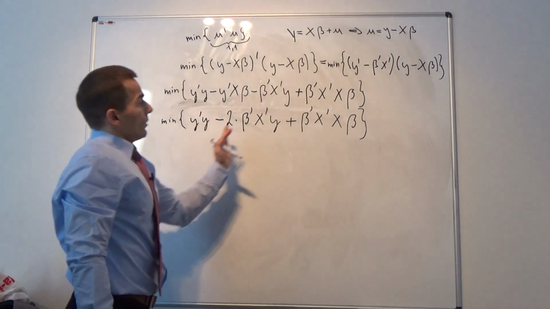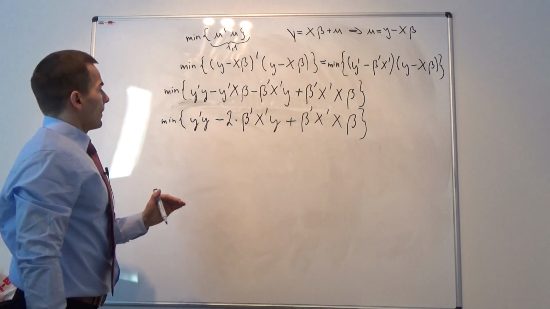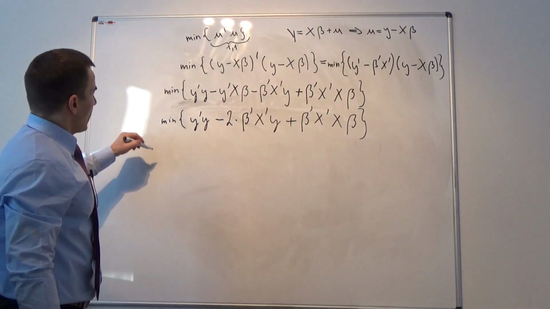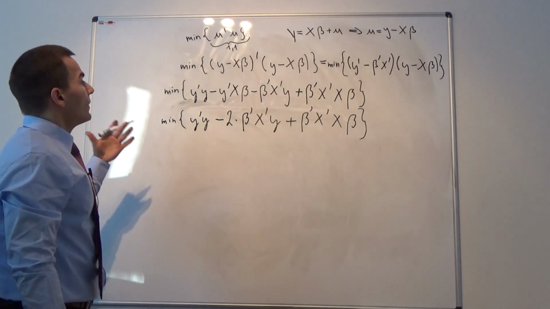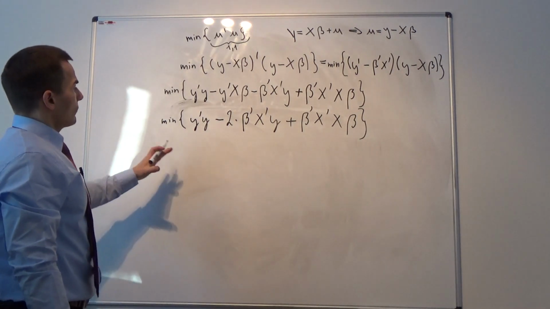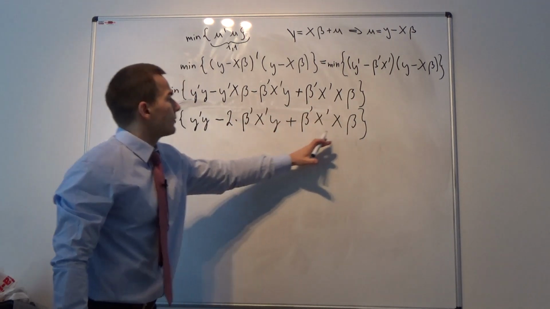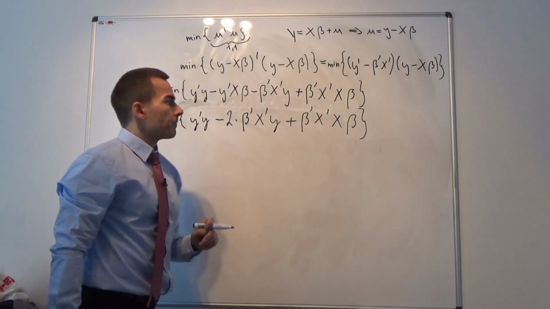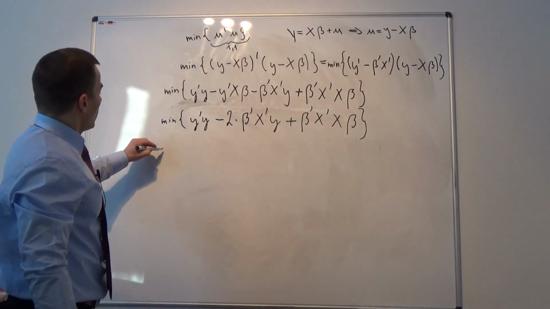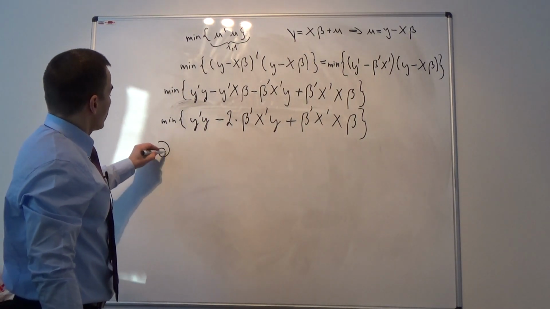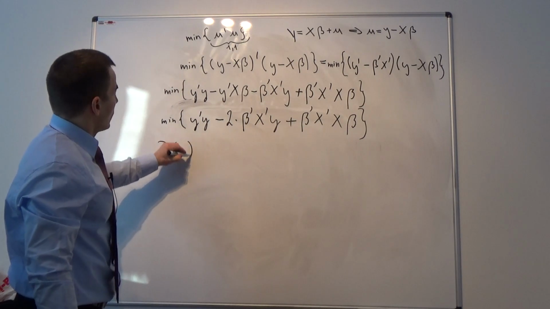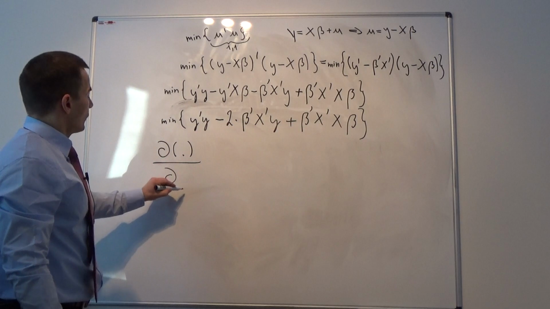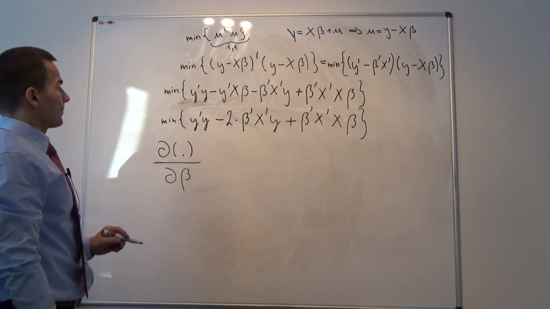So in order to minimize this term, we have to take the derivative of it with respect to beta. This is what we will do now. Let's take the derivative of what is in parentheses with respect to beta.